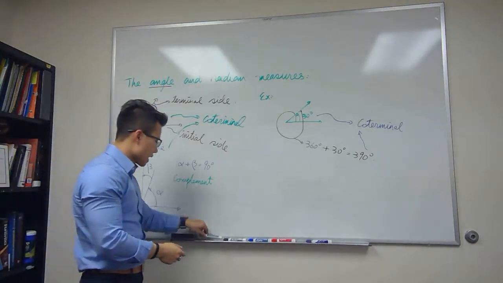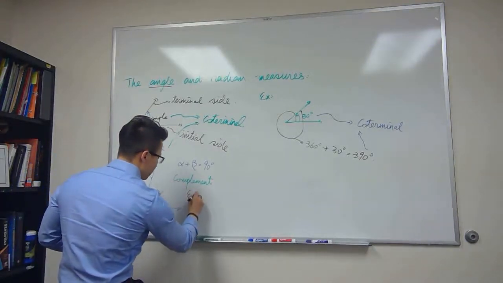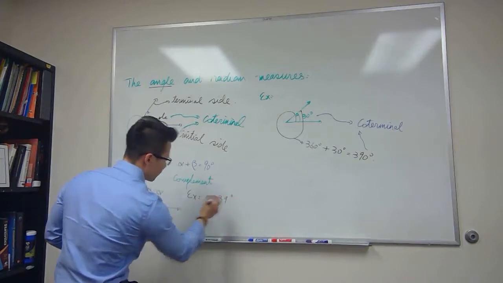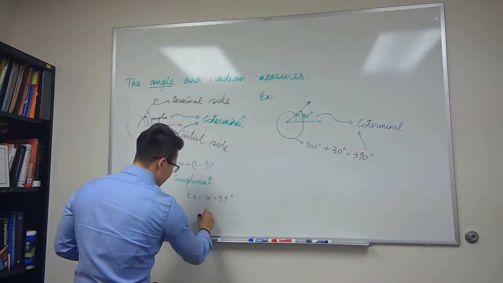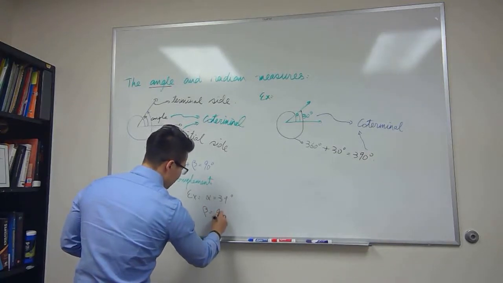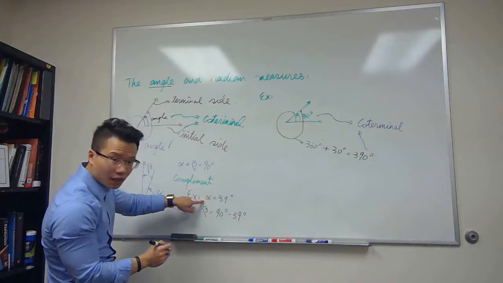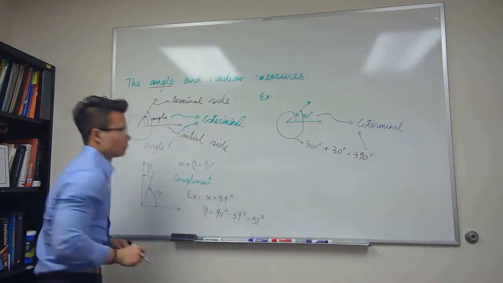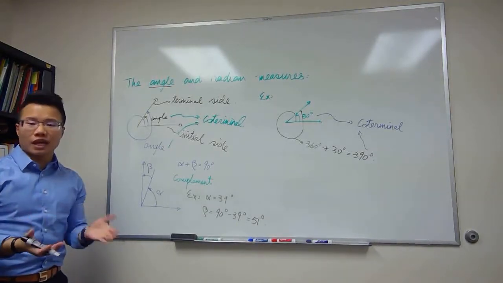And a very nice example to show you this is if you are starting with alpha equals 39 degrees, it will be easy to find the beta by using 90 degrees subtracting the 39 degrees, which is alpha, then you get 51 degrees. Okay. So that is how you find the complement of the angle.